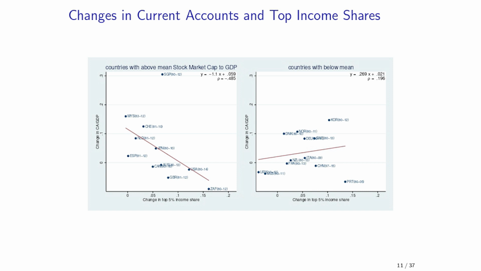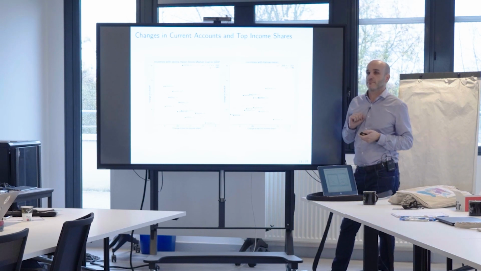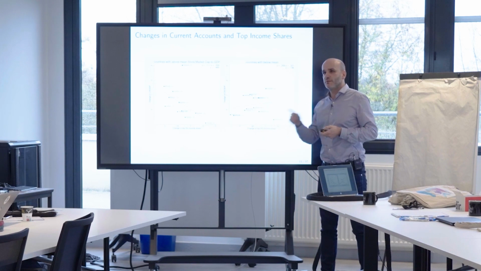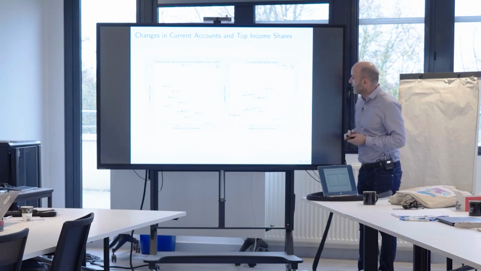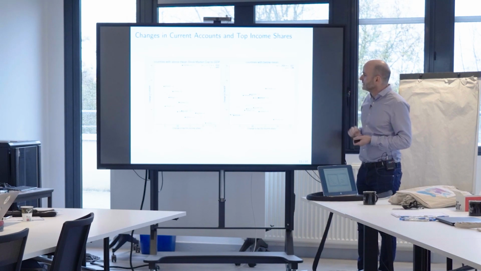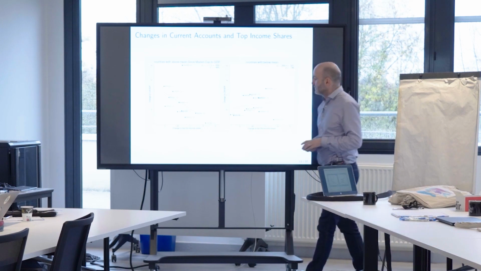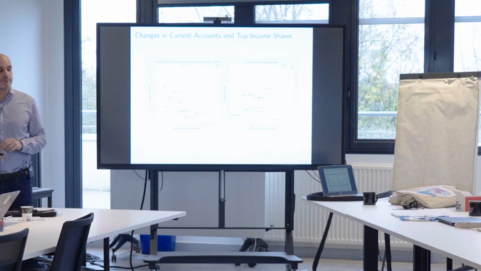Again here it's a regression, change in current account over change of top 5% income share. It's over GDP, current account over GDP. Yeah, maybe that's what you were asking before. And these two regressions are a bit more robust, but still it's just exploratory work.